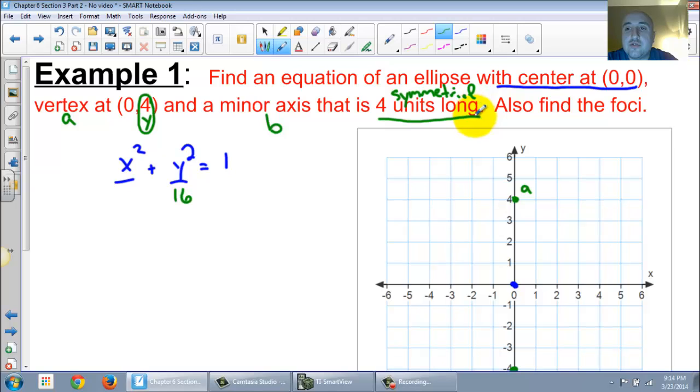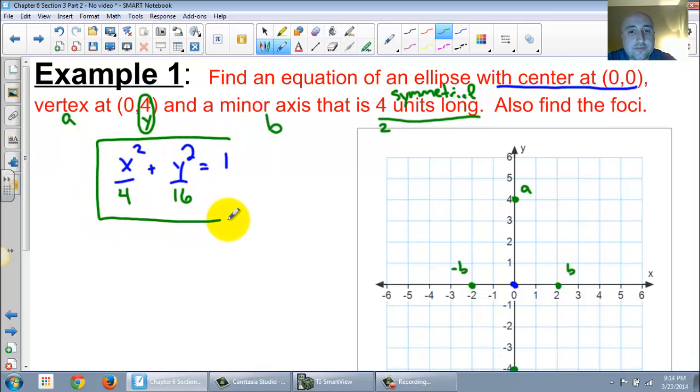So if the whole axis is 4 units long and I divide that by 2, that means 2 on the right and 2 on the left, for a total of 4. Here's our negative b and here's our positive b. So b is 2, half of 4, and 2 squared would be 4. There's our formula, our first answer to the question.